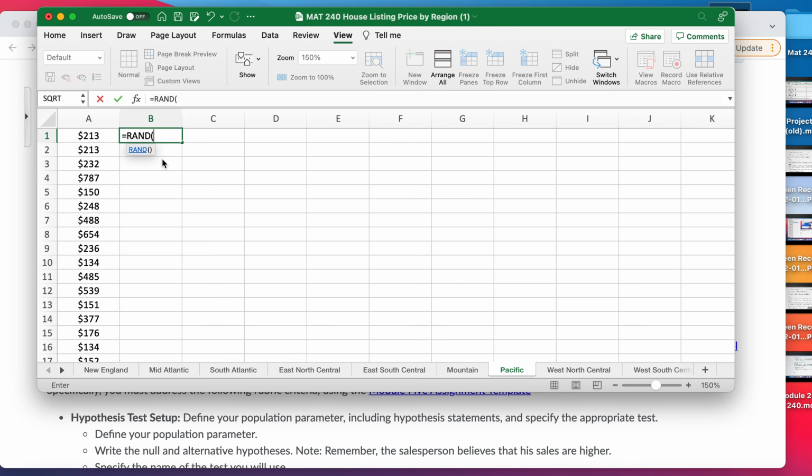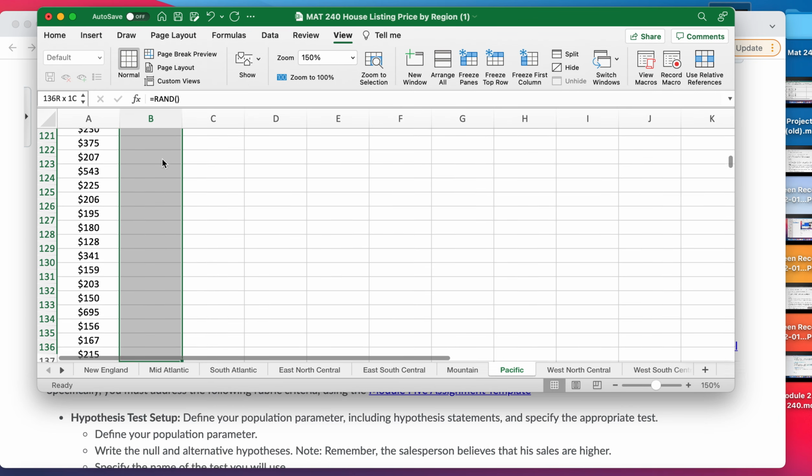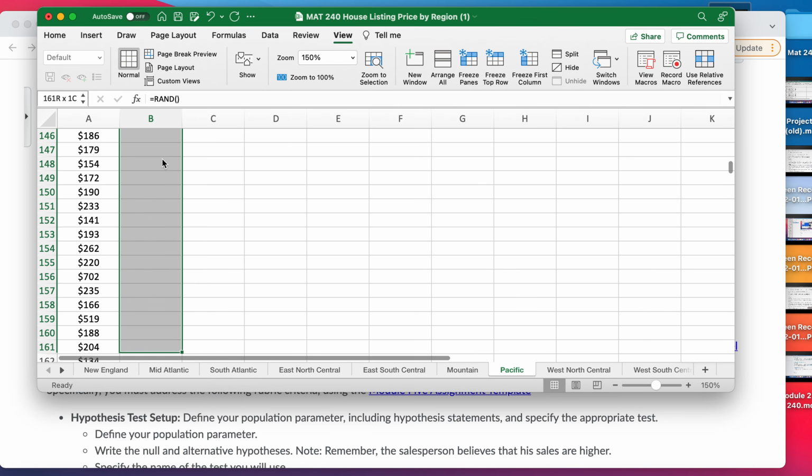I'm going to double click, enter. Okay, go back to B1. You can use your mouse. I like to use the shift and down, hold down shift down. Okay, sometimes you can use page down, whatever you're more comfortable with.